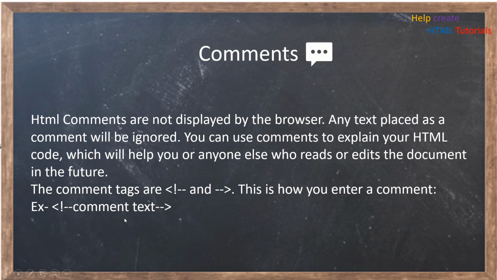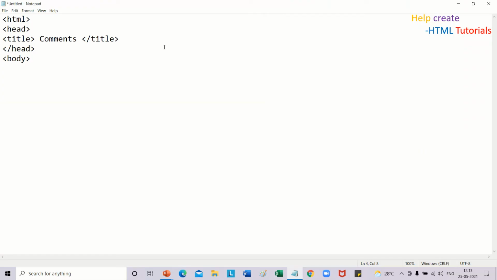Let's code this and see how the web page turns out. I've completed all the format part, and now let's see how this comment tag works. Before this, let me write about vegetables. I'll write carrot, tomato, onion, potato.